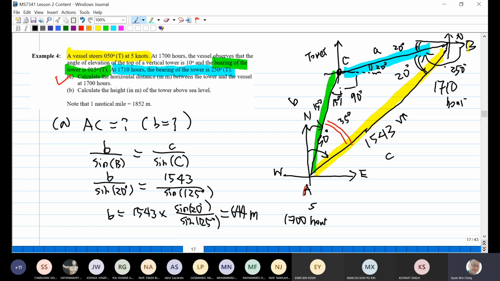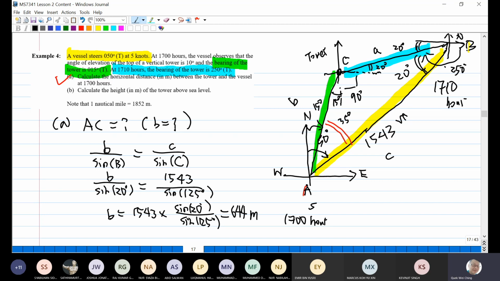So this is how you answer part A. Again, after you construct a triangle, usually you have to use the sine law or cosine law to help you figure out the unknown things.